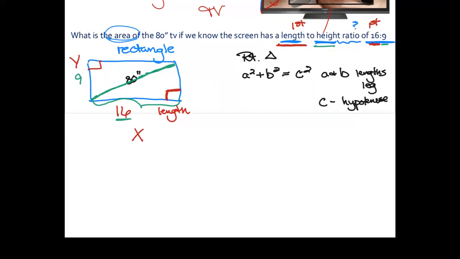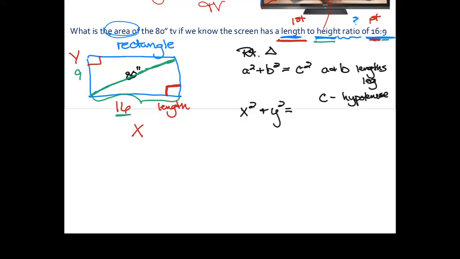Okay, well, the problem is if I say I have a length of x, that would be x squared plus y squared equals, what's my hypotenuse in this problem? 80 squared.